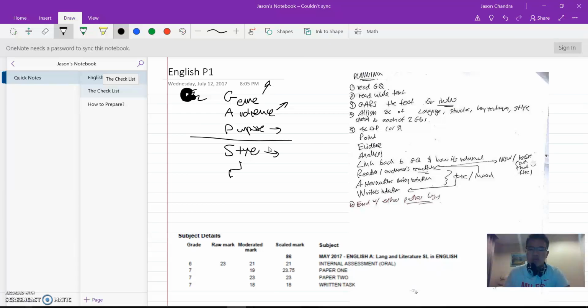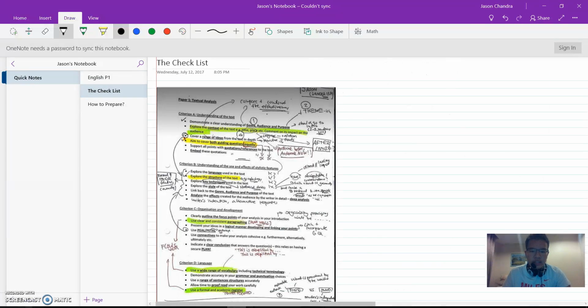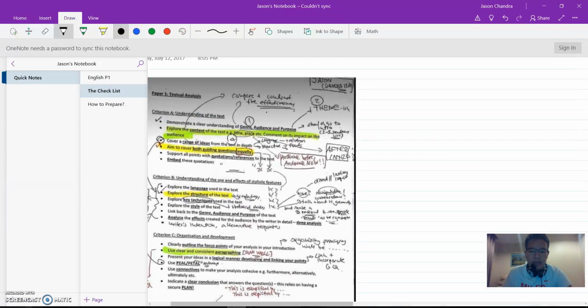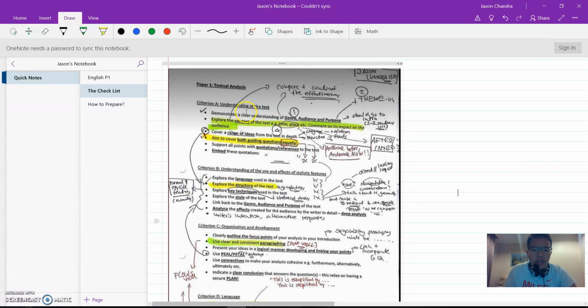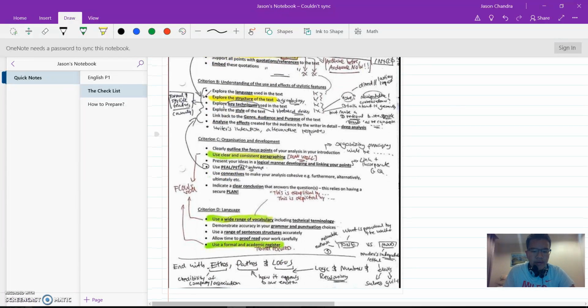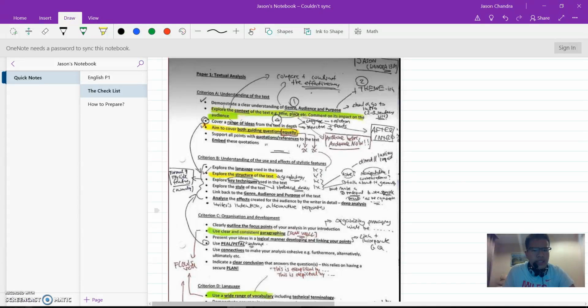I don't know if you guys would do it or not, but I have a checklist that I made with my teacher, shout out to Mrs. Tyrrell, about what to include in the different criterion A, criterion B, criterion C, criterion D, each and every single time.